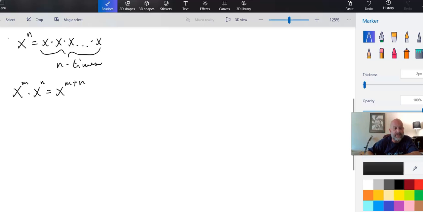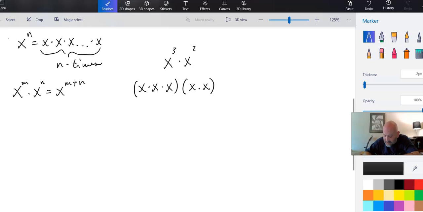Now, what that means, basically, is if I have something like x to the third times x squared, it gives us a little shortcut to coming up with the answer. Because what's happening here is I have 3 x's multiplied here, and over here I have 2 more x's.